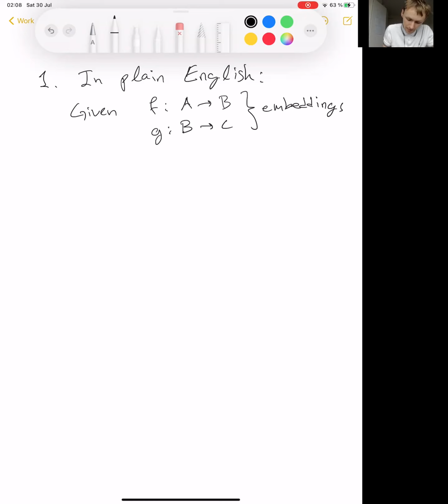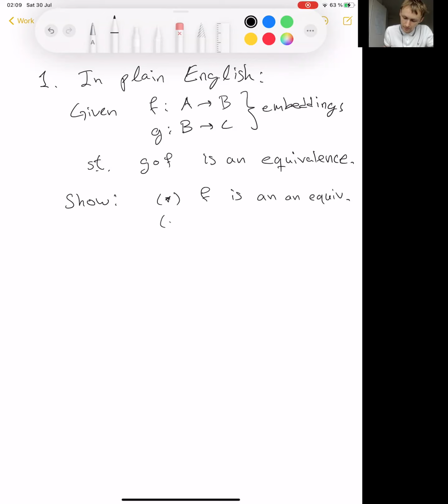And we also have that g composed with f is an equivalence. The problem asks us to show that, first of all, f is an equivalence, and also g is an equivalence.